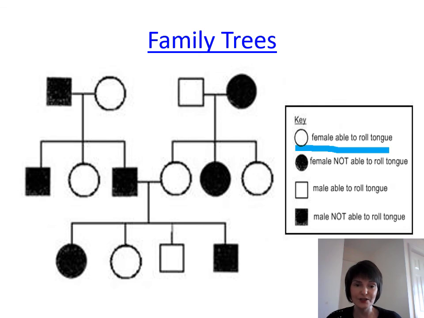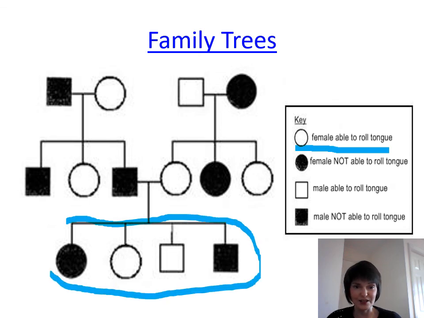If we look down here, here are the children, which there are four: 1, 2, 3, 4. From the key you are able to tell whether you have male or female children and whether they are able to roll their tongue or not. Female, able to roll your tongue, that's you here.